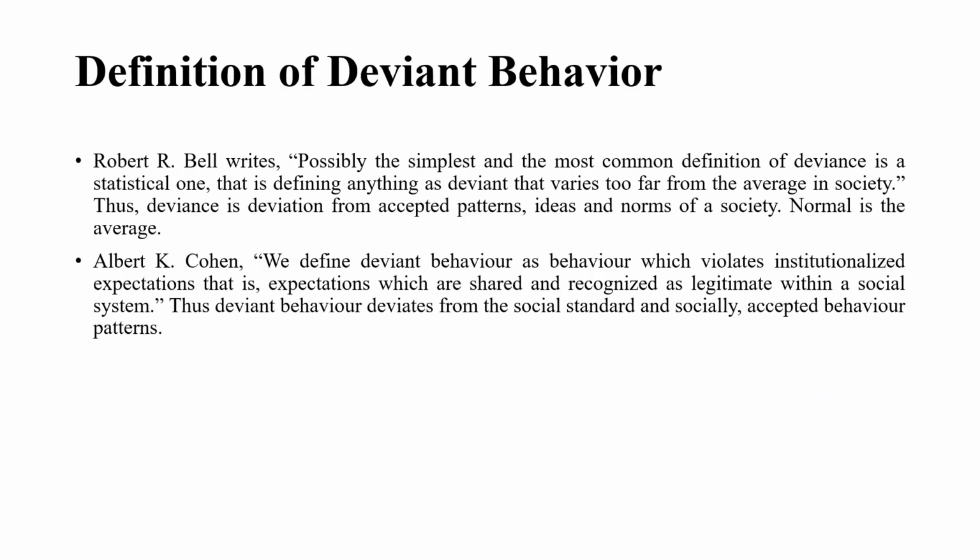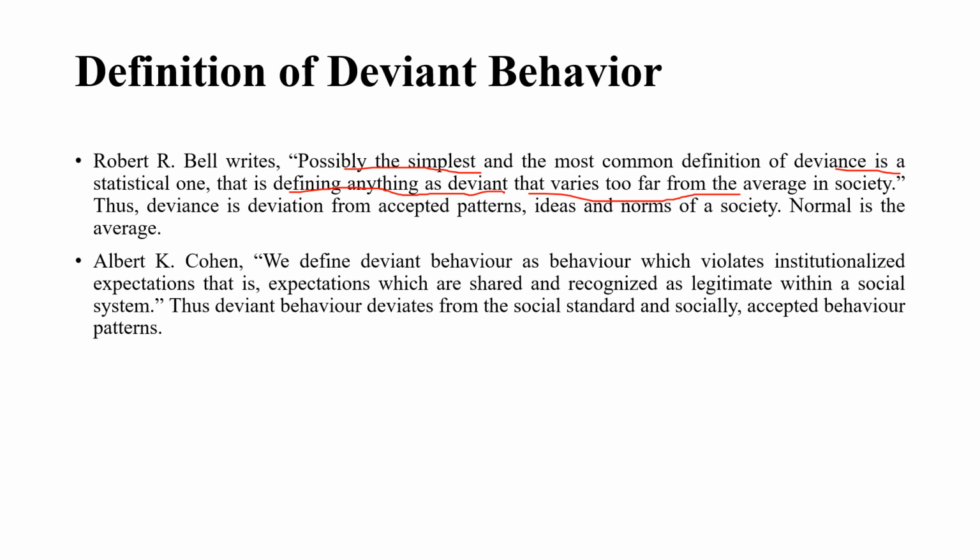Let's move ahead. There are some definitions. I have taken two definitions of deviant behavior. Robert Bell said possibly the simplest and most common definition of deviance is a statistical one. That is, defining anything as deviant that varies too far from the average in the society. So, what is the average in the society?